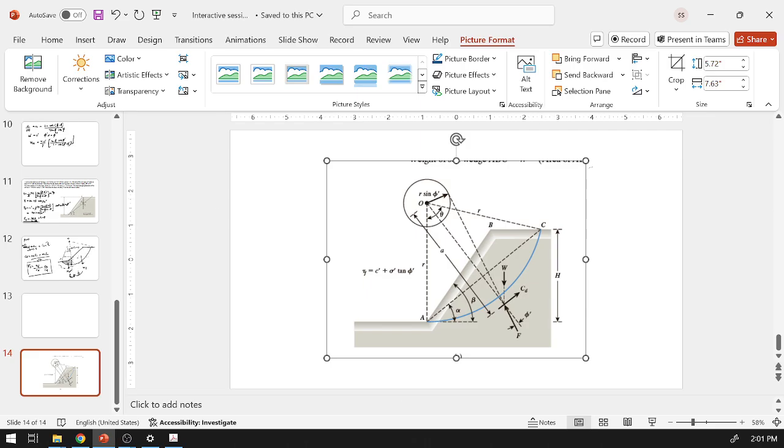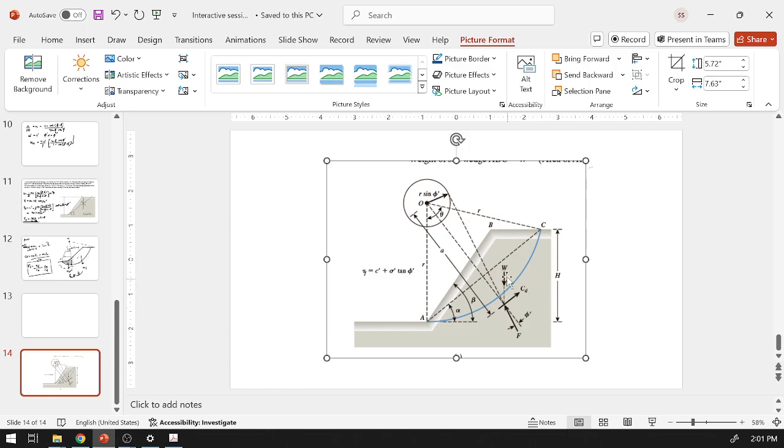Then we assume that the soil wedge has a unit cohesion CD along unit length along this arc. So the total cohesion will be CD into the length of this arc. The length of this arc is R theta. So CD into R theta will be the cohesion along this length.